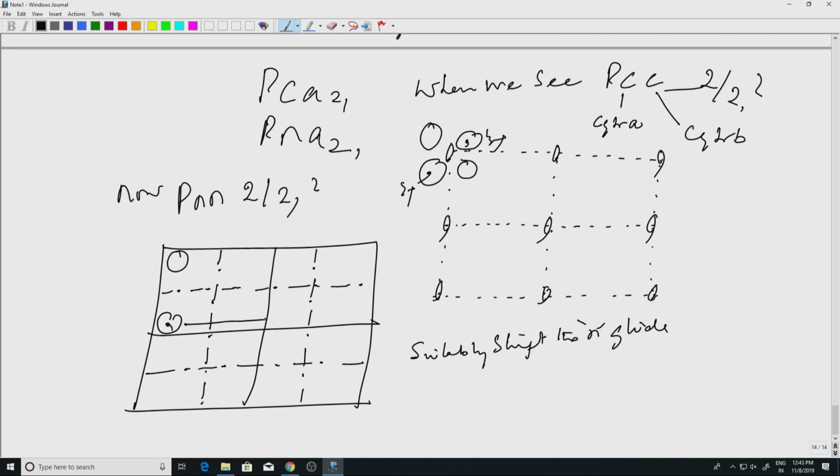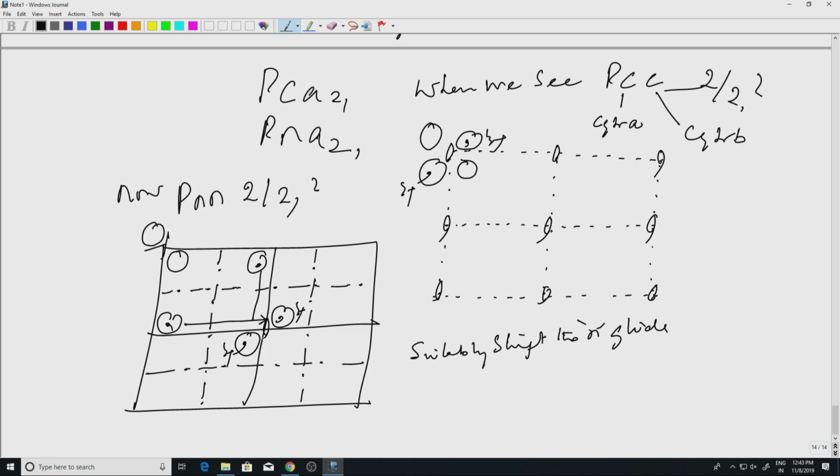It is moving here and moves by half unit. This is getting reflected here. It moves here. It comes here, half unit. So you get this way.